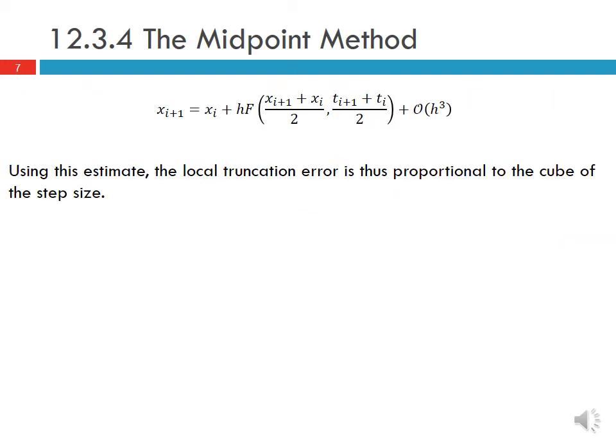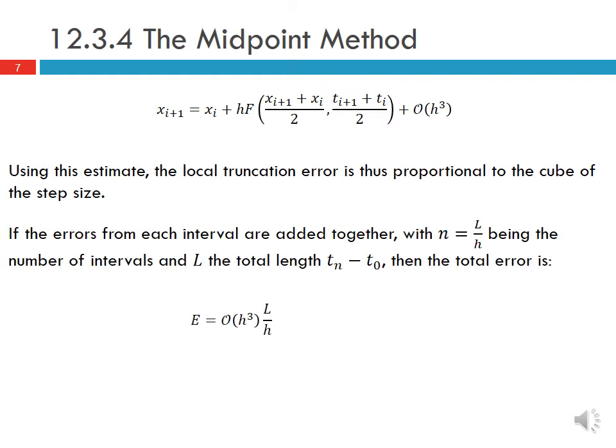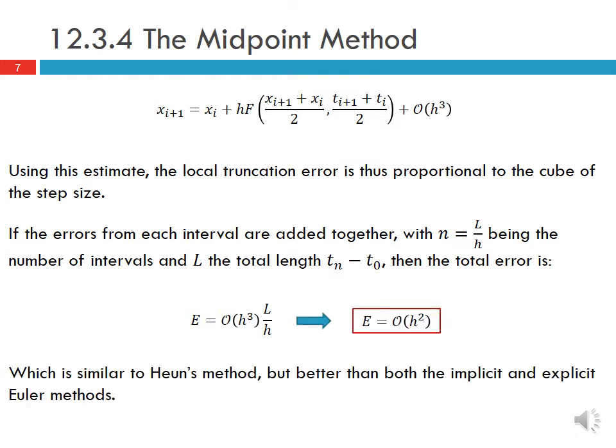Using this estimate, the local truncation error is proportional to the cube of the step size. And when we add the errors from each interval together, the total error is order h squared for this method. So this is similar to Heun's method and better than both the implicit and explicit Euler methods, which both had order h.